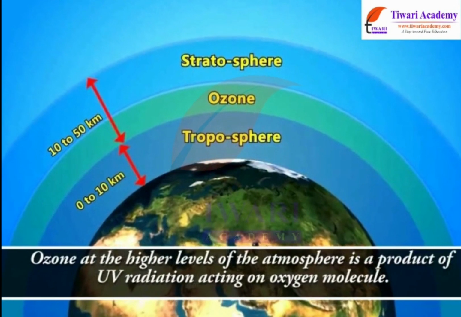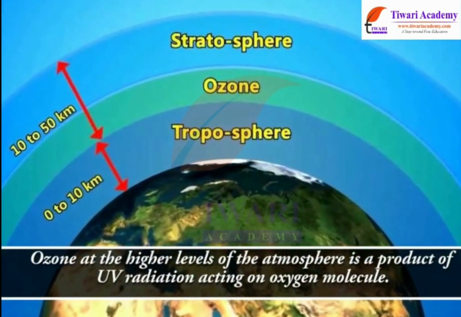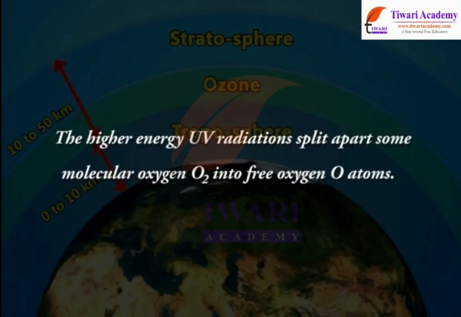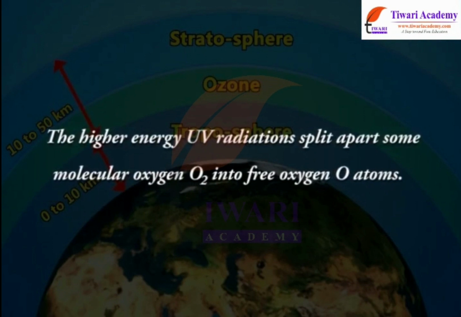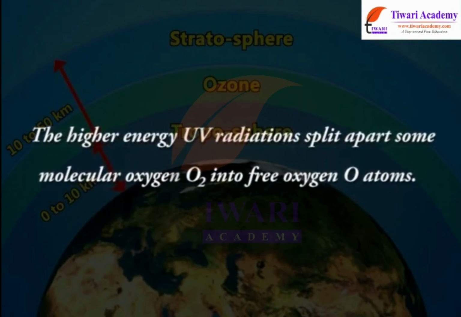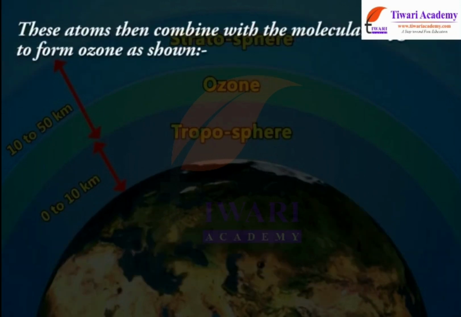Ozone at the higher levels of the atmosphere is a product of UV radiation acting on oxygen molecule. The higher energy UV radiations split apart some molecular oxygen O2 into free oxygen O atoms. These atoms then combine with the molecular oxygen to form ozone as shown.